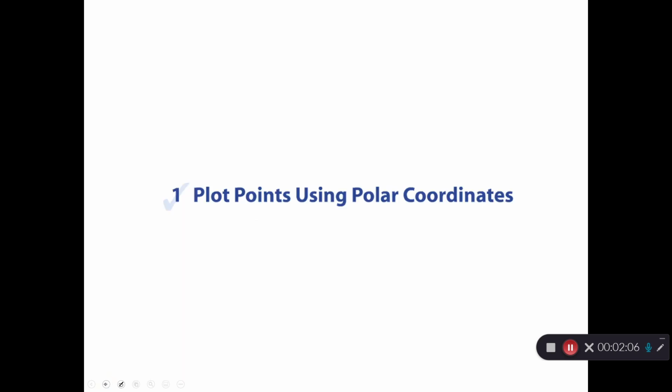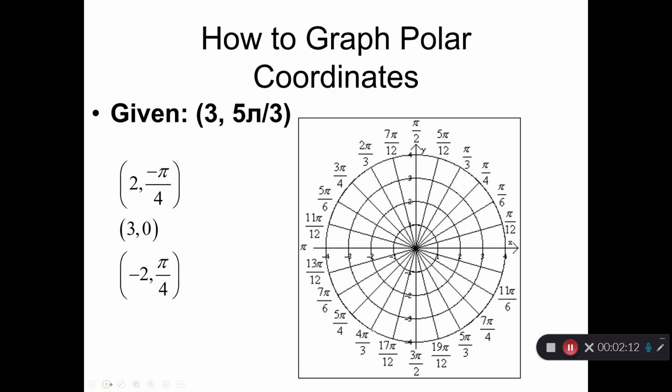All right, so let's talk about plotting points. For those that have never plotted points before, this is going to be a helpful section. Here I have 4 points. Let's plot them. The first is 3 comma 5 pi over 3. I'm going to start here at the origin. I'm going to use markings because we're not using a board, you can't see me. I'm going to go out 3.